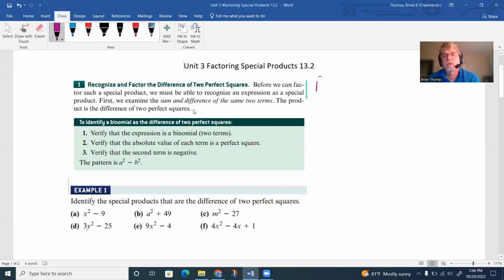Like 1 squared is 1, so 1 is called a perfect square. 2 squared is 4, so 4 is called a perfect square. 3 squared equals 9, so 9 is called a perfect square.